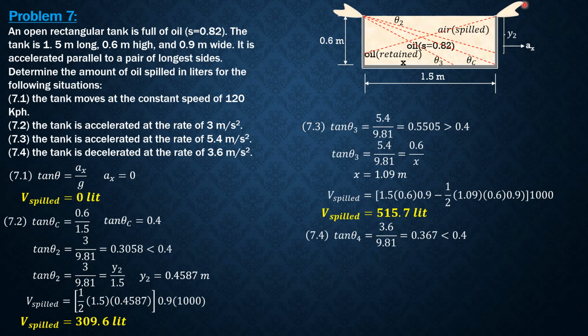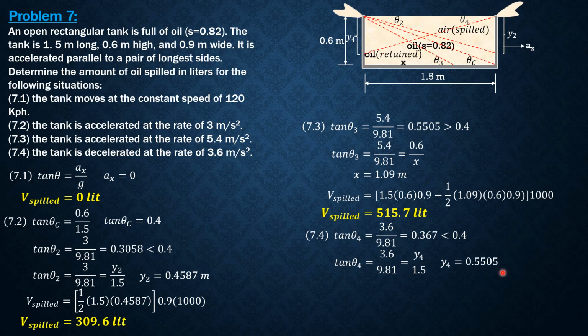So this is the amount spilled. This is the oil that will be spilled also. And the angle of the surface with the horizontal is theta 4. Therefore, tangent theta 4, which is 3.6 over 9.81, equals y sub 4 over 1.5.